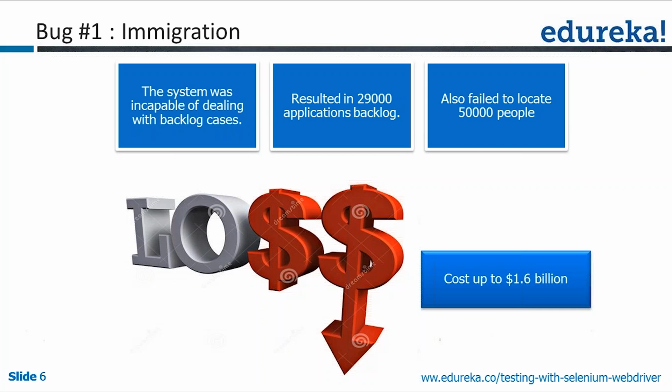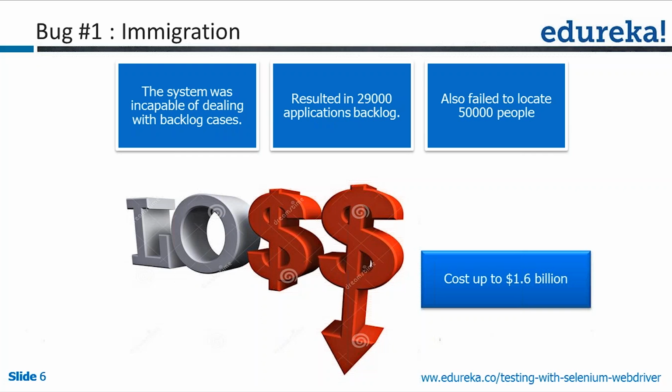So a bug was introduced which was not capable of dealing with the backlog cases, which resulted in a 29,000 application backlog, which means 29,000 applications were still waiting to get processed, right?